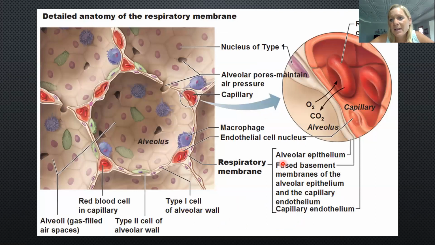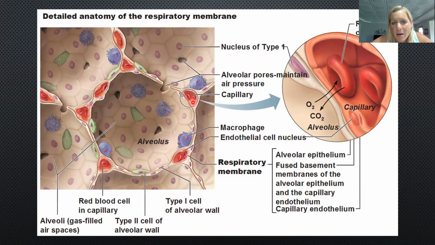Here we can see that respiratory membrane that I mentioned. Here is an alveolus. We can see those type 2 cells, which produce surfactant, which allows us to decrease surface tension. And then the type 1 cells are made of these simple squamous, flattened cells, which are very thin, which allows us to facilitate exchange super easily. Here you can see a capillary as well.